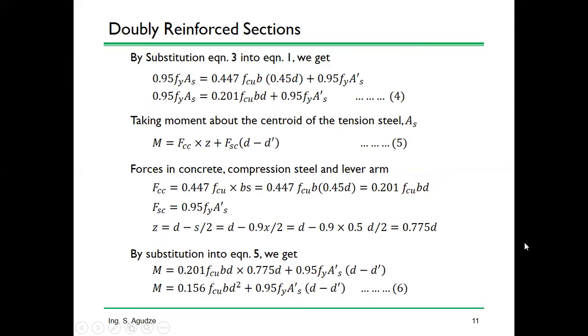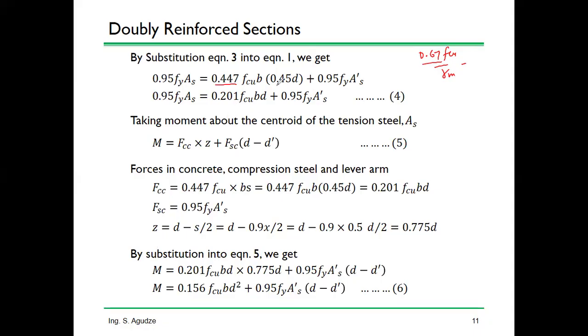So 0.447 is the 0.67 times FCU over gamma M. When we approximate to 2 decimal places, it is 0.45, but to 3 decimal places, 0.447, right?